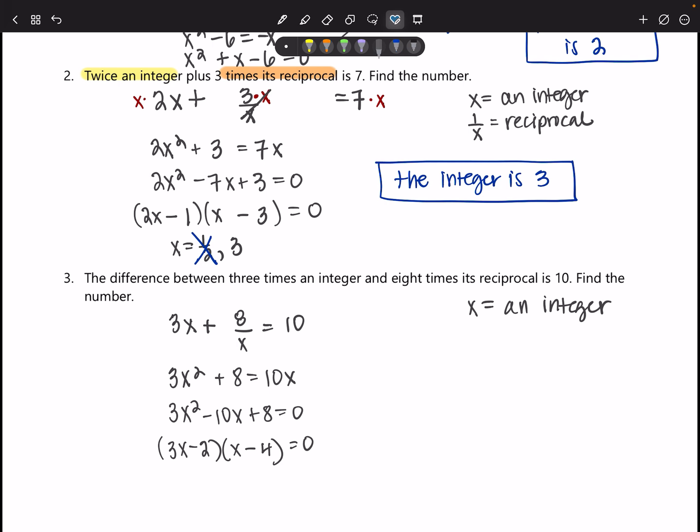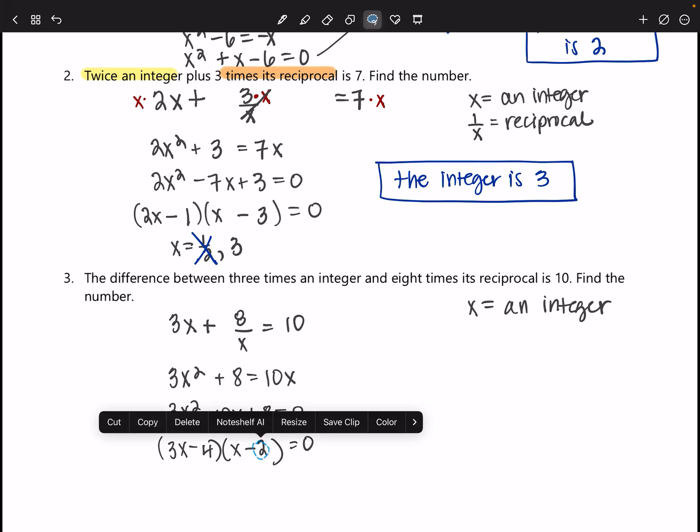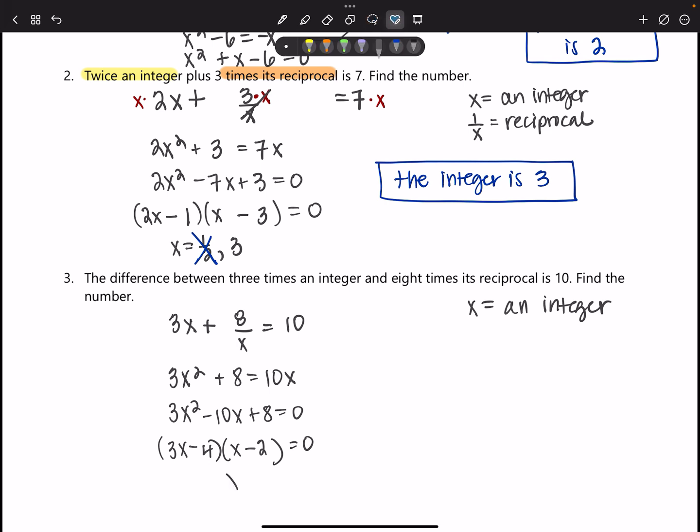Nope, it wasn't that. It was this maybe? Four and six is 10. So x equals 2.